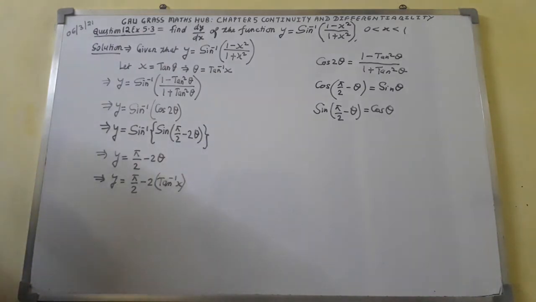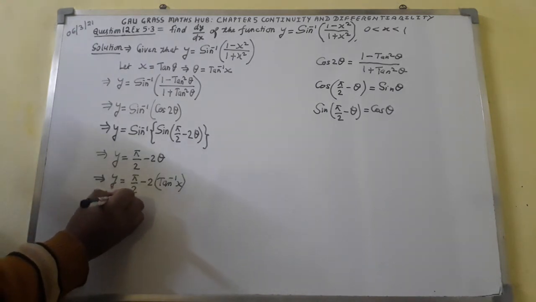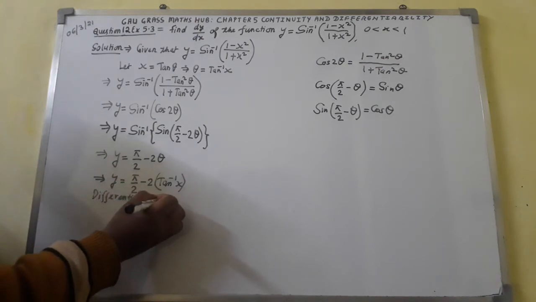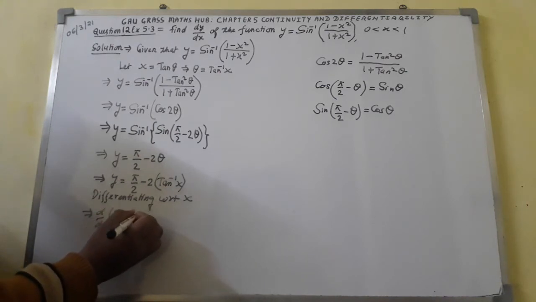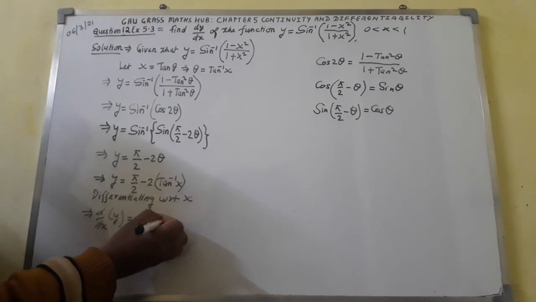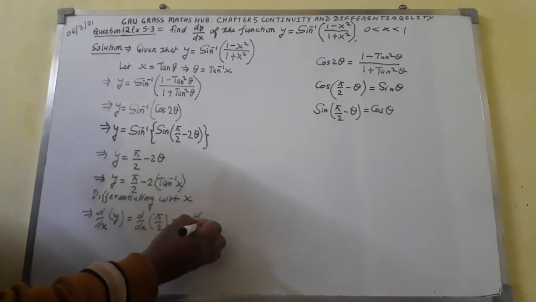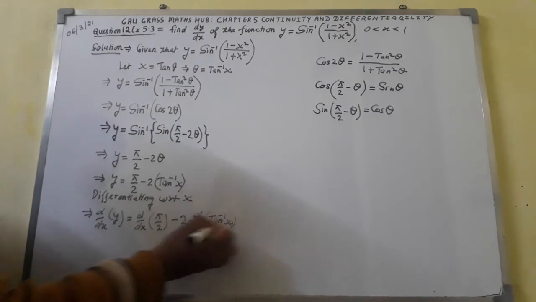Now I shall write: differentiating with respect to x, which implies that d over dx of y is equal to d over dx of pi by 2 minus 2 d over dx of tan inverse x.